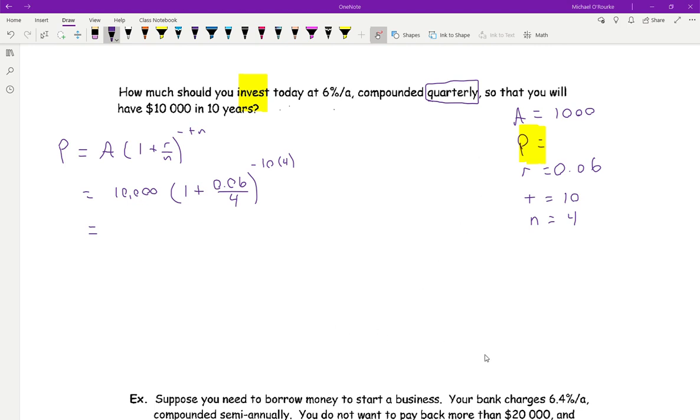There we go. Which gives you that number. So essentially I've done this whole part of my calculation. Then I times this by 10,000, which will give me my answer. Do you guys see that?